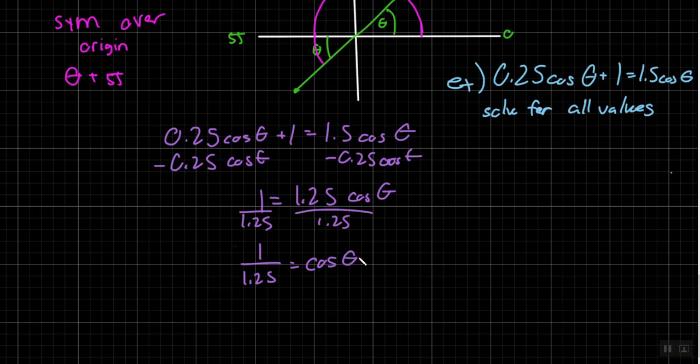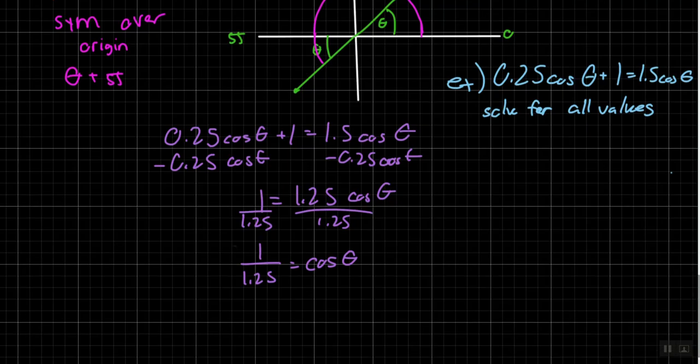Brent, what should I do next to get theta all by itself? What do I have to do to both sides so I get theta all by itself? Look above in the other one.